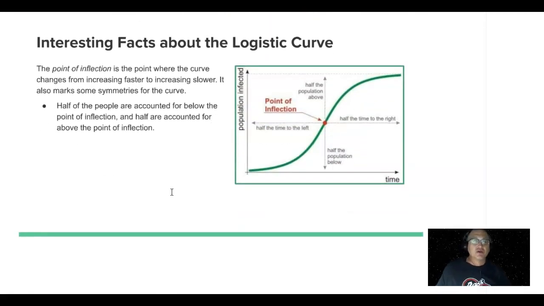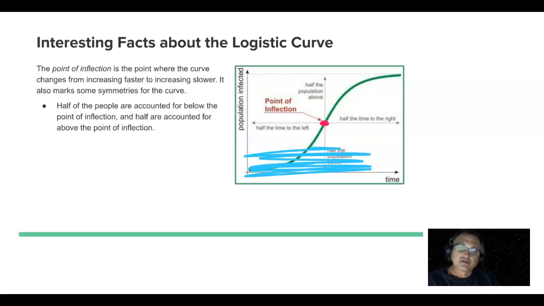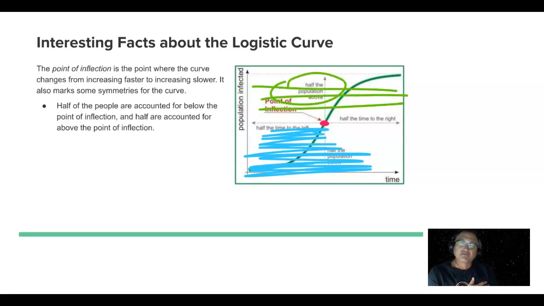All right, so the other interesting fact is that this point of inflection divides the population into two halves. Prior to reaching the point of inflection would represent half the population, and after the point of inflection, you would have the other half of the population.